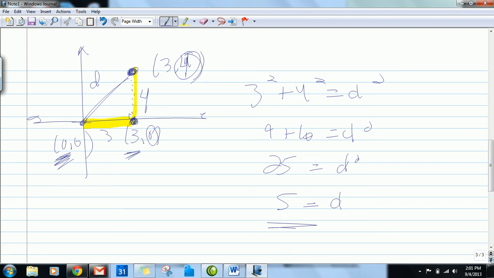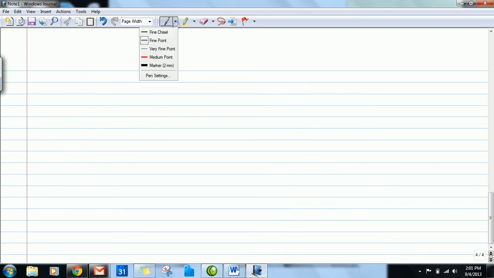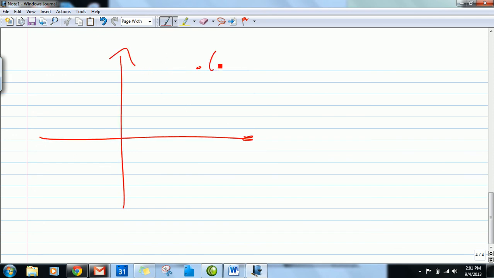Okay, so to generalize, here it goes. If I have 2 points on the coordinate plane, I'm going to call the first one x1, y1. Those go together. I'm going to call the second one x2, y2. Those go together. Okay, to find this distance, I'm going to essentially use the Pythagorean theorem.